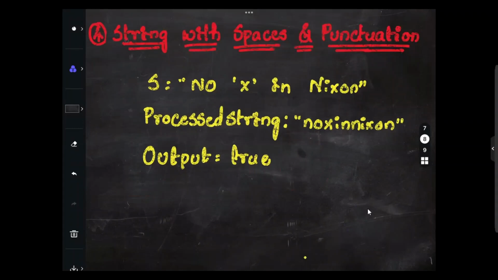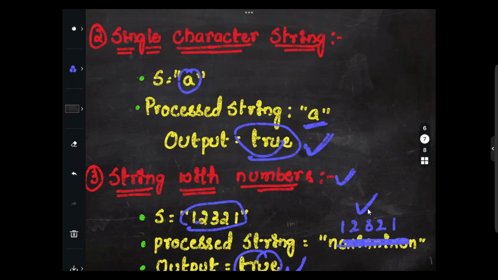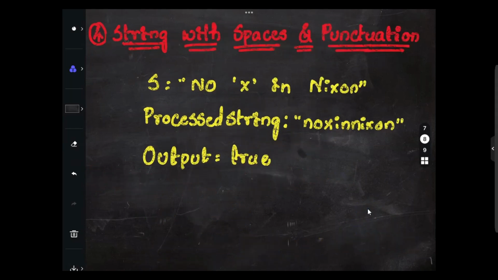Now the fourth edge case, string with spaces and punctuation. Previously we considered a single character string and a string with numbers for the third one. For the fourth one, we have considered here "No X in Nixon". In this case, we have removed the special characters, this single inverted comma I'm speaking of.